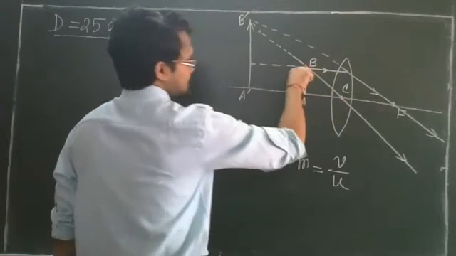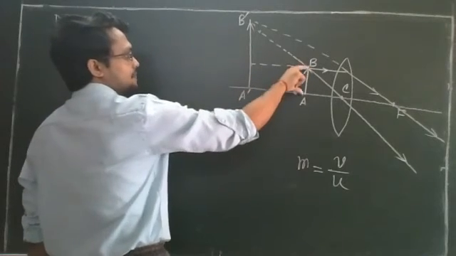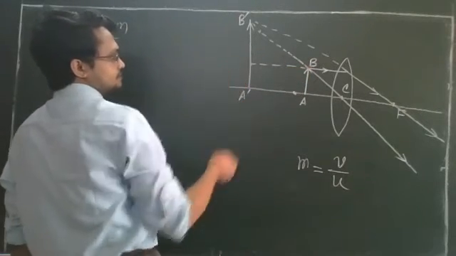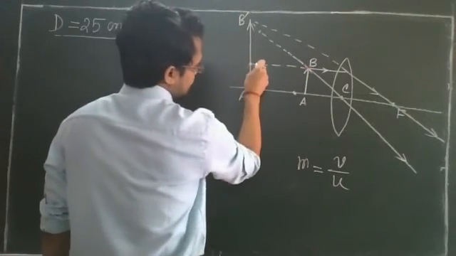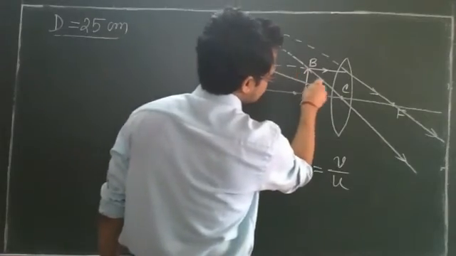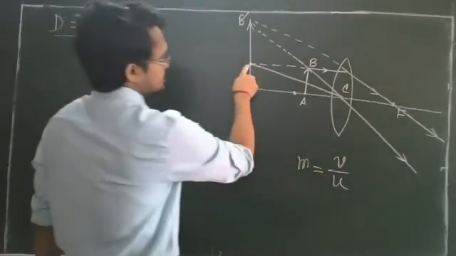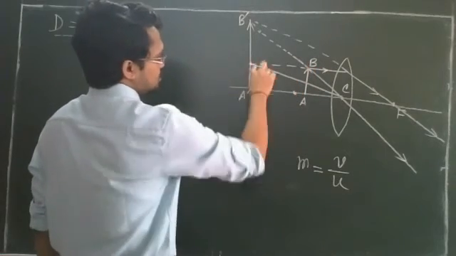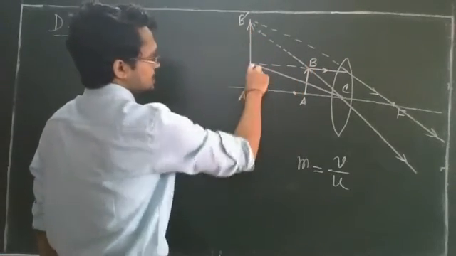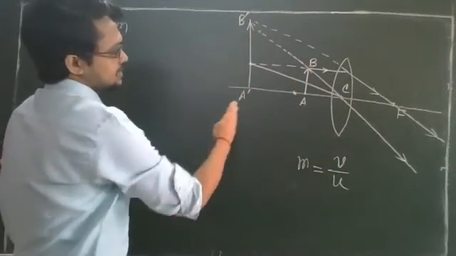So I am bringing this object AB here. I am drawing a line from this point to center of curvature. So object and image, both I have placed at the image position now.